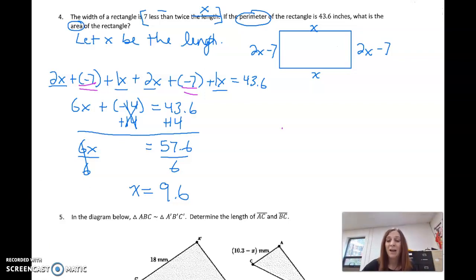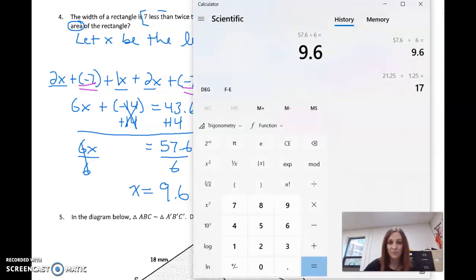So remember, area of a rectangle equals its length times its width. So I just need to multiply its length and width together. I know its length here is 9.6. Its width is going to be 2 times 9.6 minus 7, 12.2.